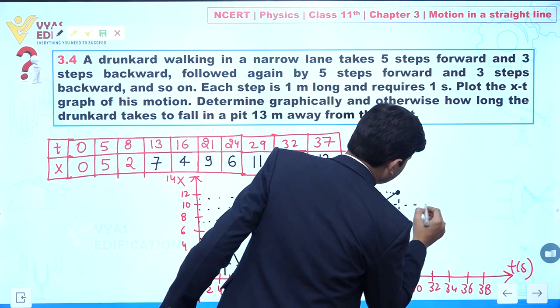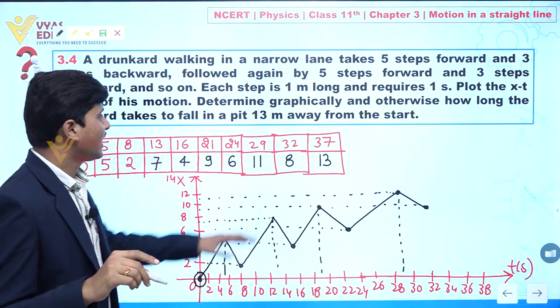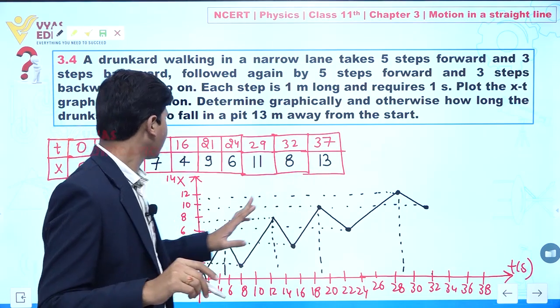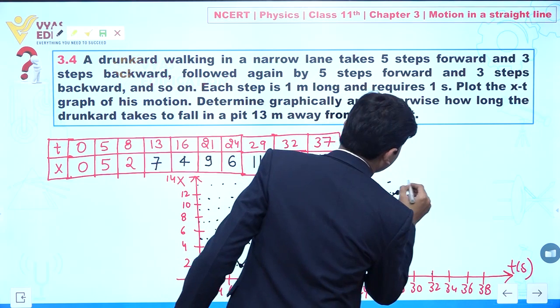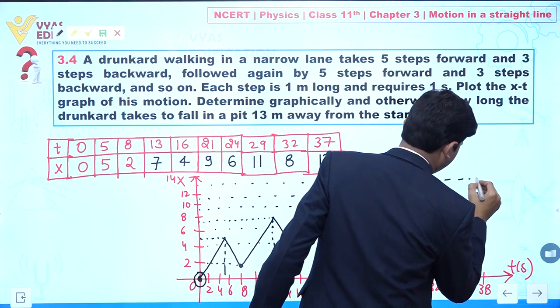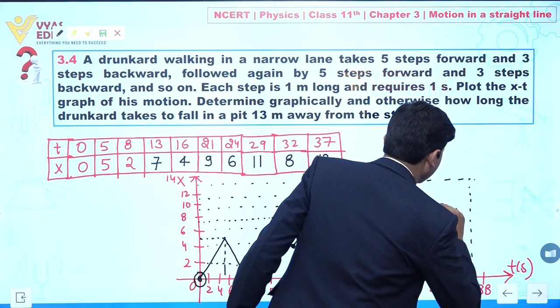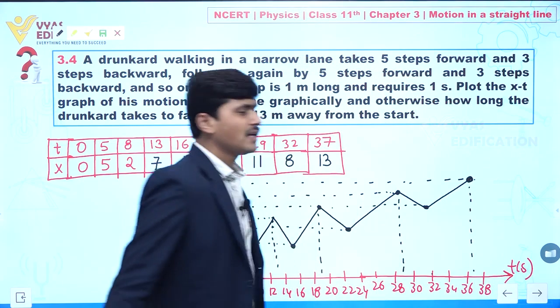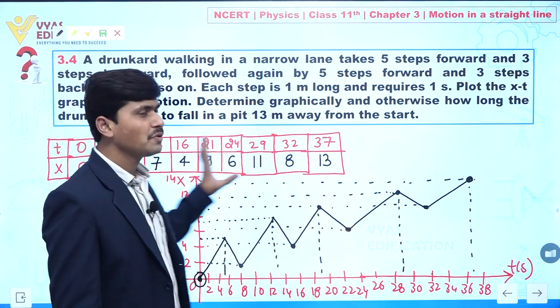It means like this one. And last we have 37 seconds and 13 meter. So 13 meter and 37 seconds. So like this we can draw an x-t graph of a drunkard person.